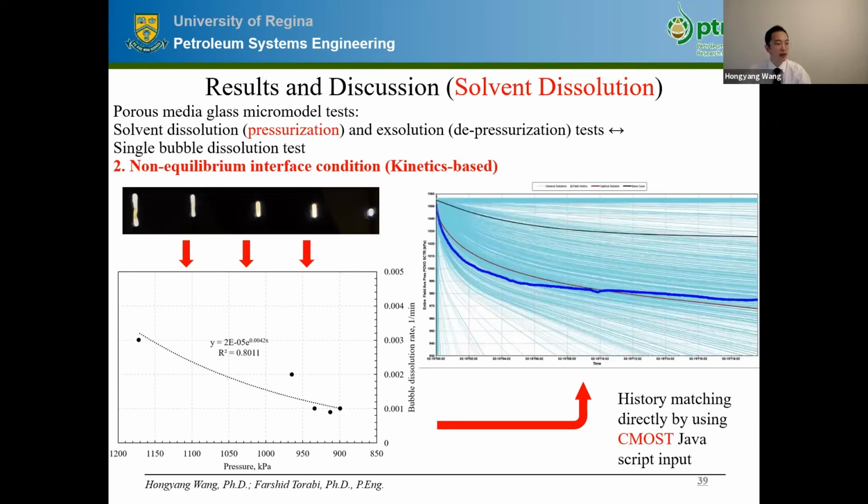Another interface condition is the non-equilibrium interface condition, which is kinetics-based. By extracting the bubble dissolution rate from the Taylor bubble test, we first use CMOST to history match the pressure decay curve, and we yielded a pretty good result.